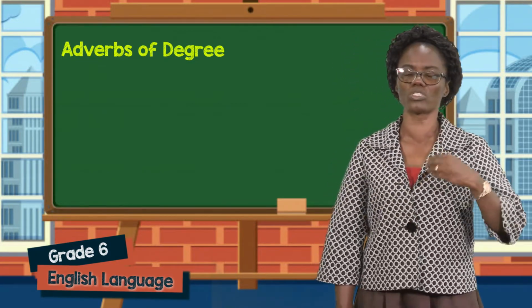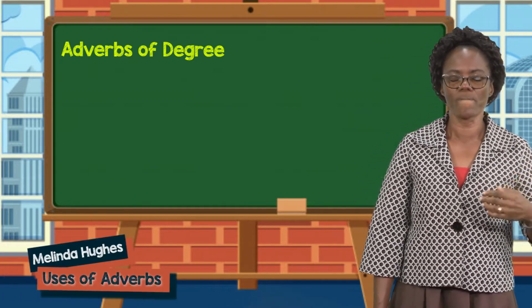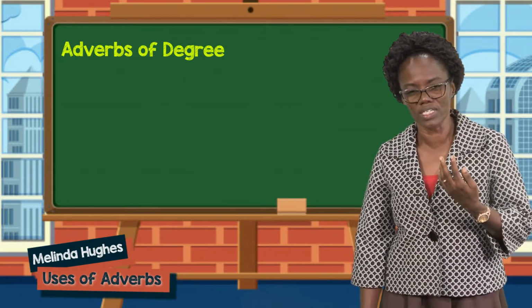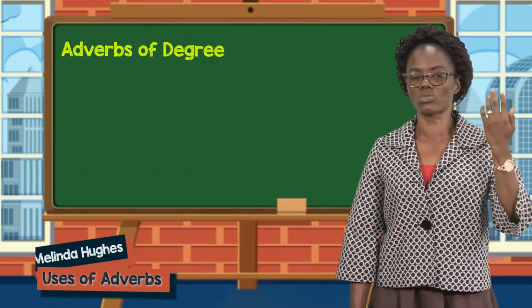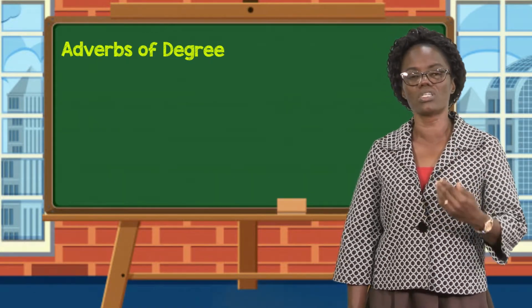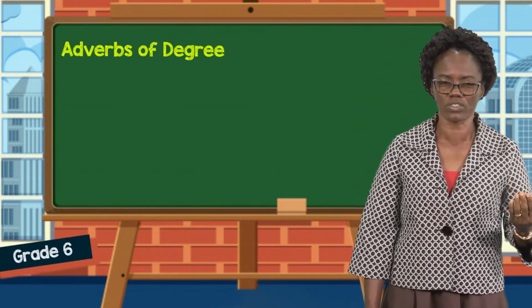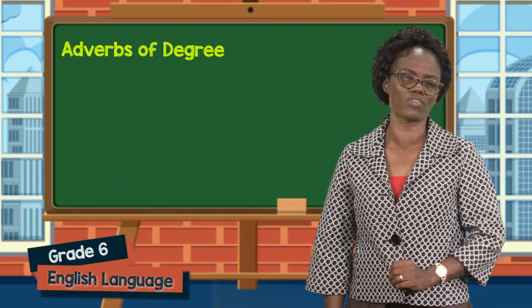But of course, once you reason and once you discuss, once you practice, once you use your eyes when you read and you think about what you have heard and make that connection, then it will not be difficult. So adverbs of degree. What do these types of adverbs do?